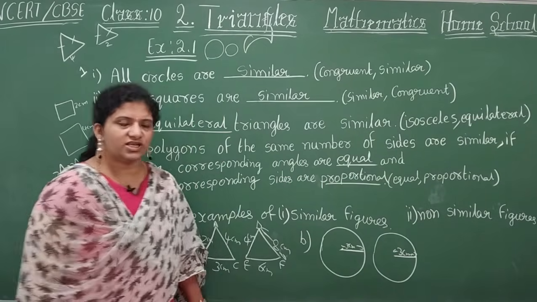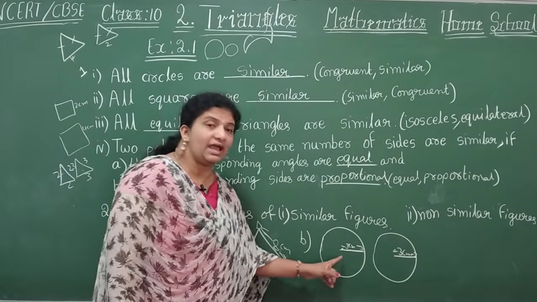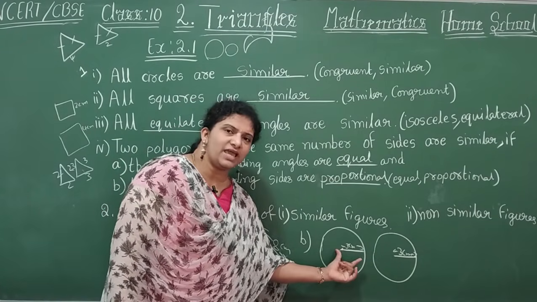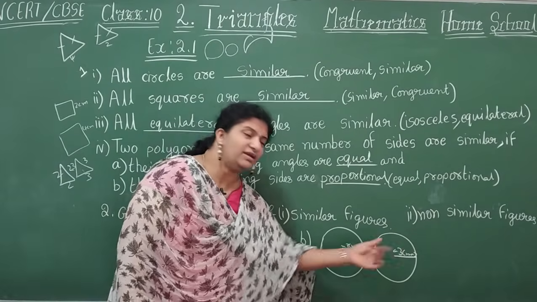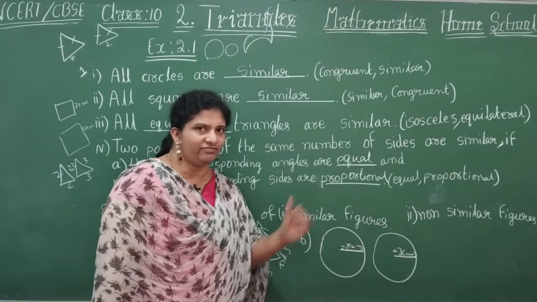Observe here, children, these two circles are similar and they are congruent. When they are congruent, they have the same radius but different centers. Therefore, this is one example for similar figures.